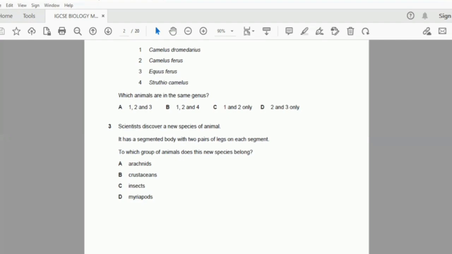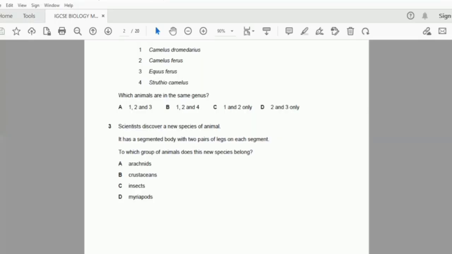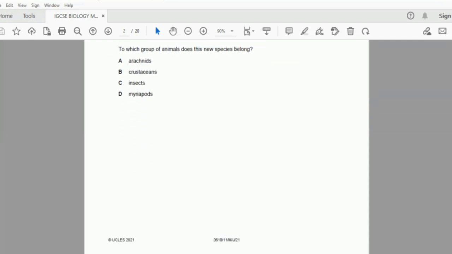But when it comes to the millipede, the abdominal segments are fused, so it appears that it has two pairs of legs on the segment. So this is where we get our answer. The answer is D, myriapod. It has a segmented body with two pairs of legs on each segment. So that's myriapod. Three is D.